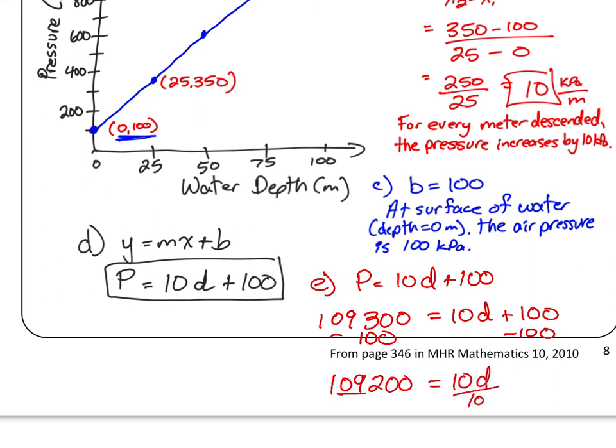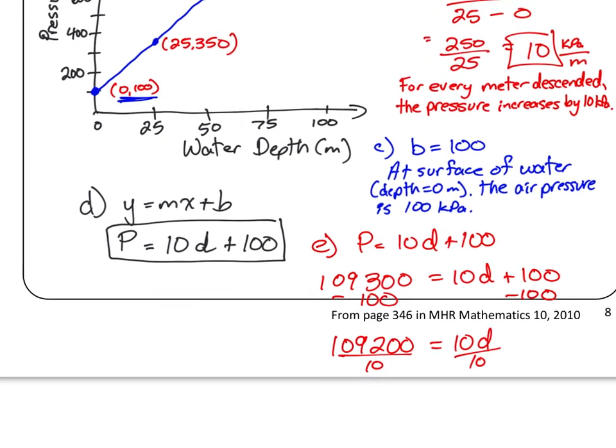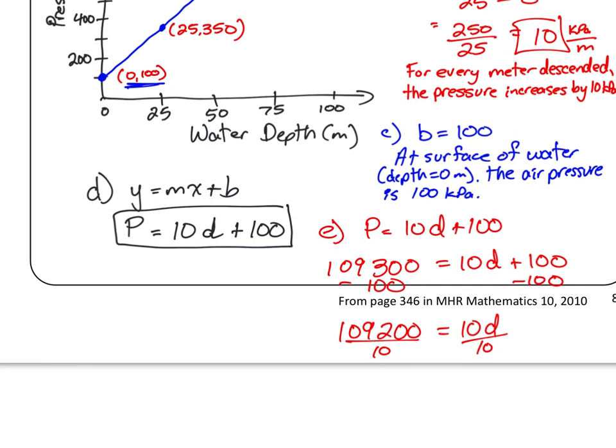Then divide both sides by 10, and D is equal to 10,920. Or no, sorry, it's not kilopascals, it is meters. Wrong units. So the D is in meters.